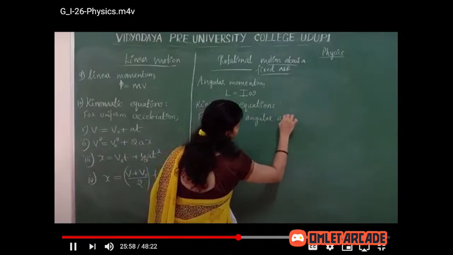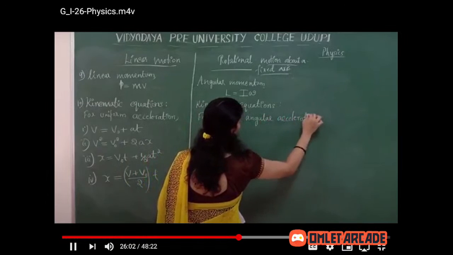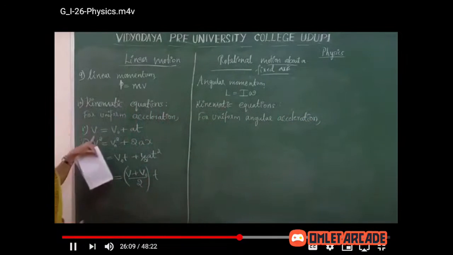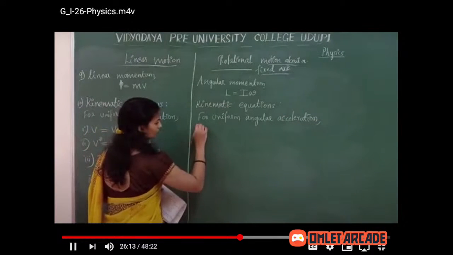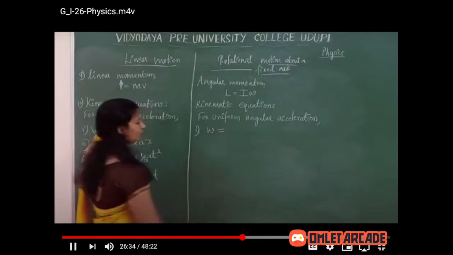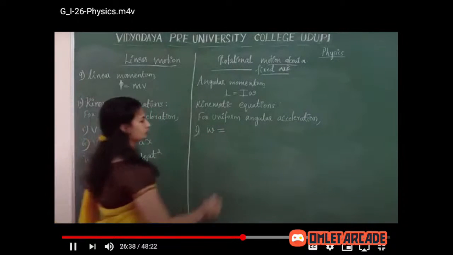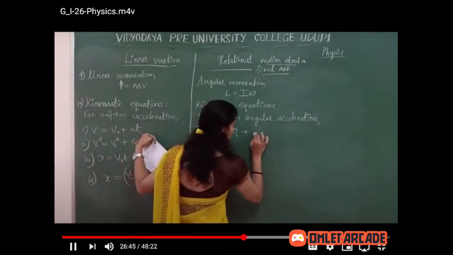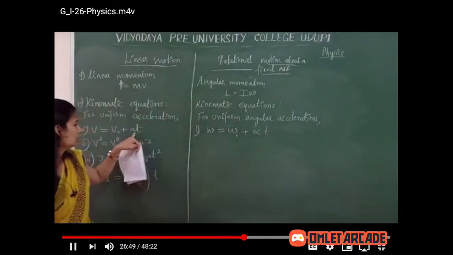For the first one, in place of V, here it is omega, that is equal to omega naught plus alpha into T. Right?